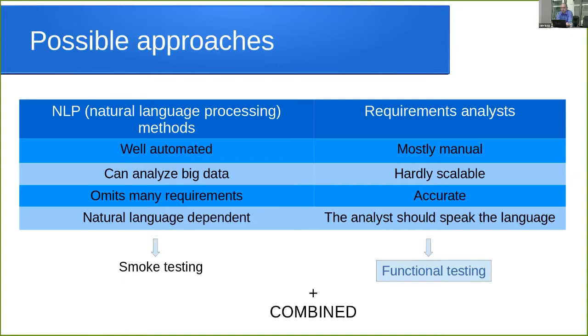And the second problem, we should provide an appropriate process for the requirements analyst to reach his goal. And his goal is to construct a requirements catalog suited for functional testing. And we also can combine these two approaches, and this can be our future investigation. So let us discuss this traditional approach and how we implement it in our technique.